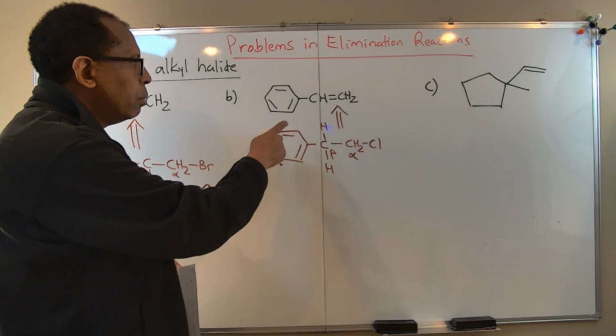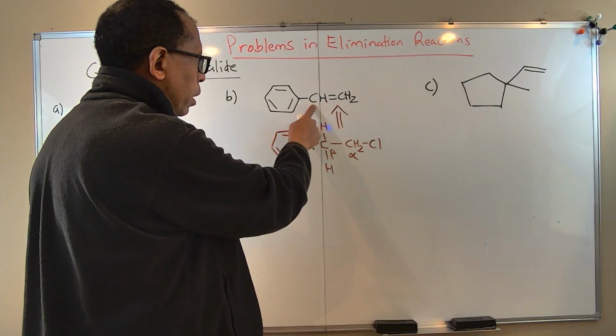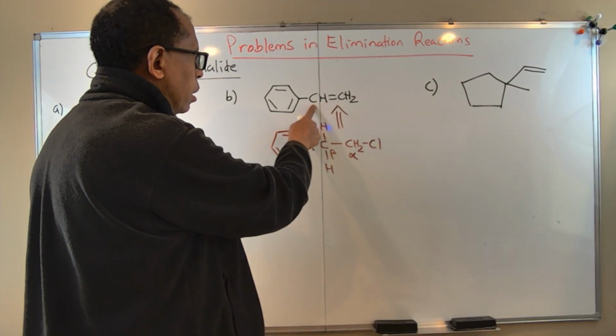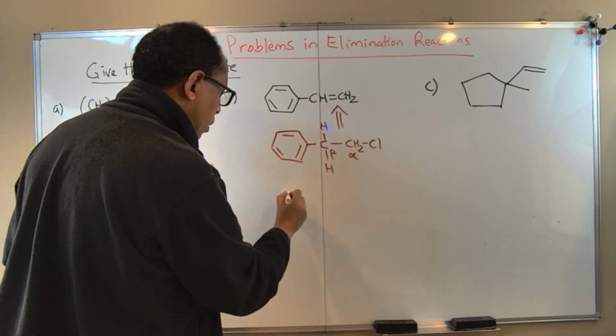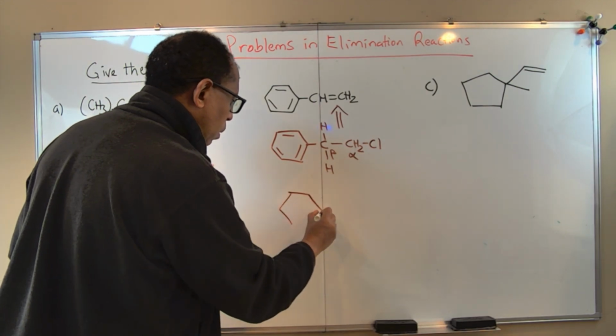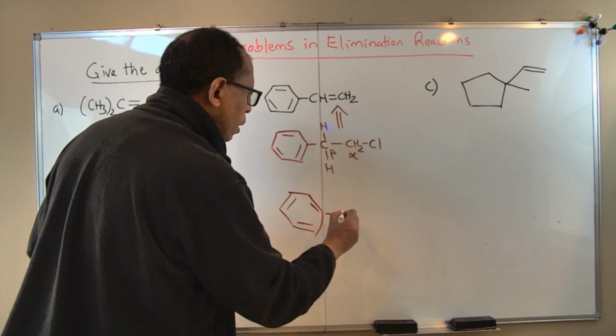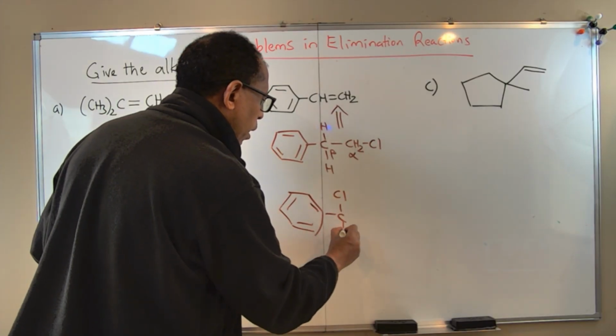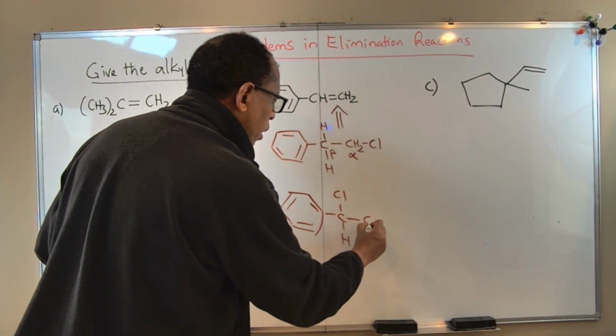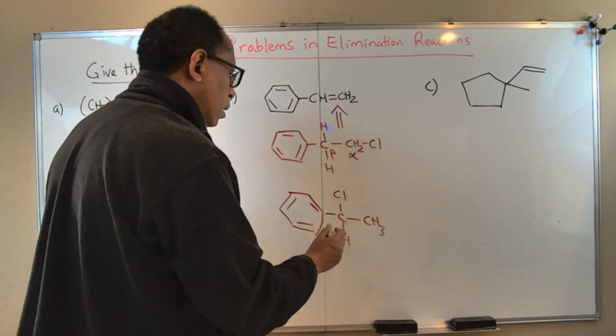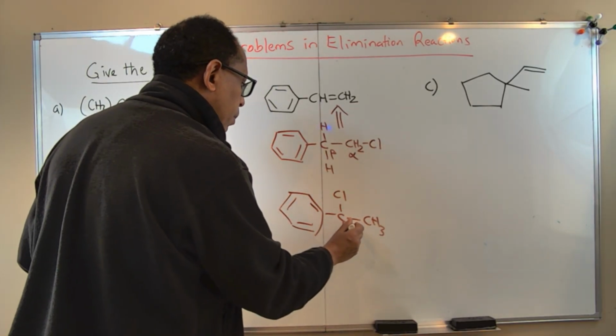I can also put the chloride here and see what I can get. So if we put also Cl, H and CH3, this is the alpha carbon.